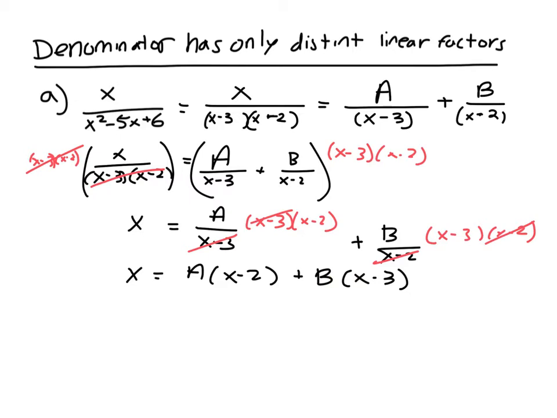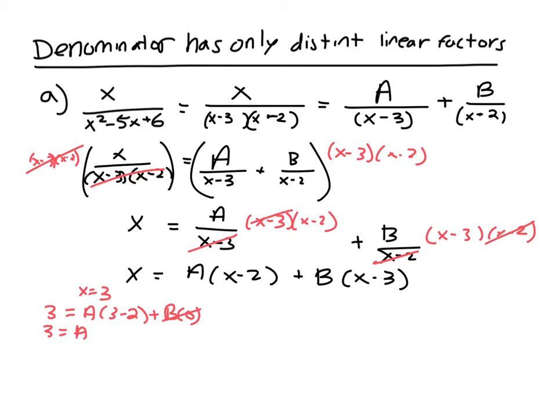So if I take x equal to 3, I would have 3 equals a times (3 - 2) plus b times 0, right? Since x is 3, 3 - 3 is 0, so that goes away. Now I have 3 equals a, since 3 - 2 is 1.